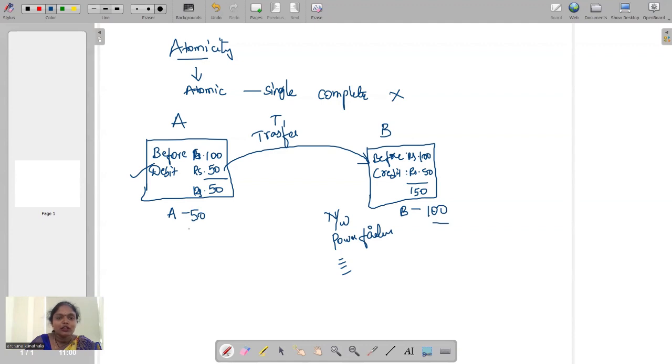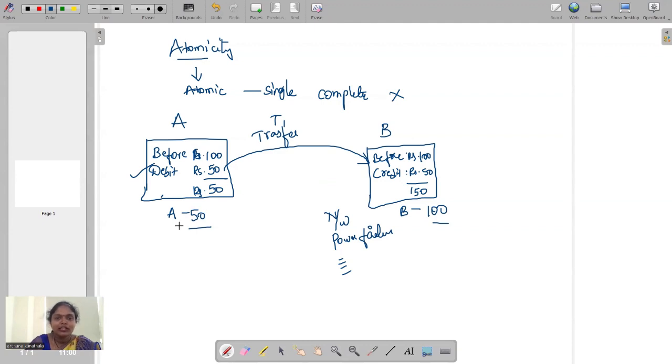Now this is what is called inconsistency of data. The data is not maintained in an integrated manner. Only deduction is done, but the value in account B is not increased.